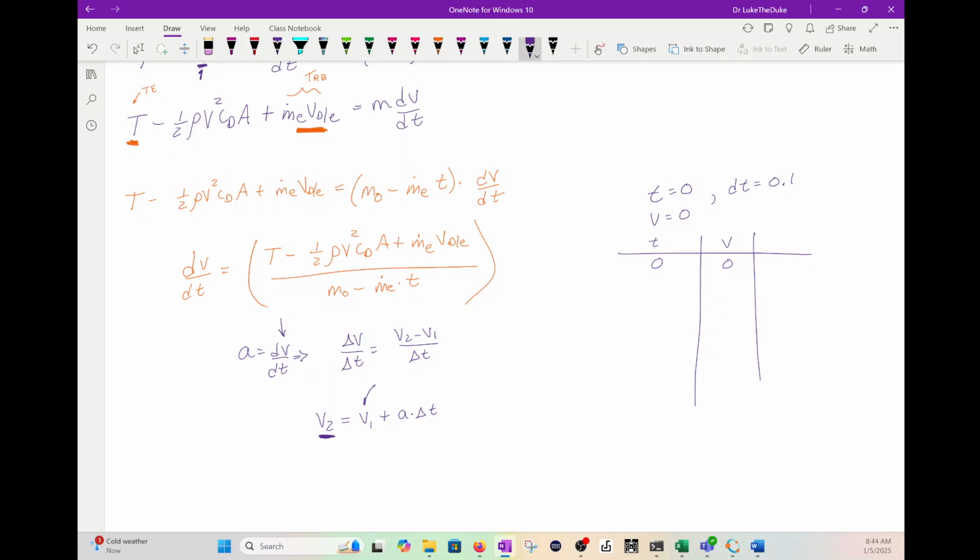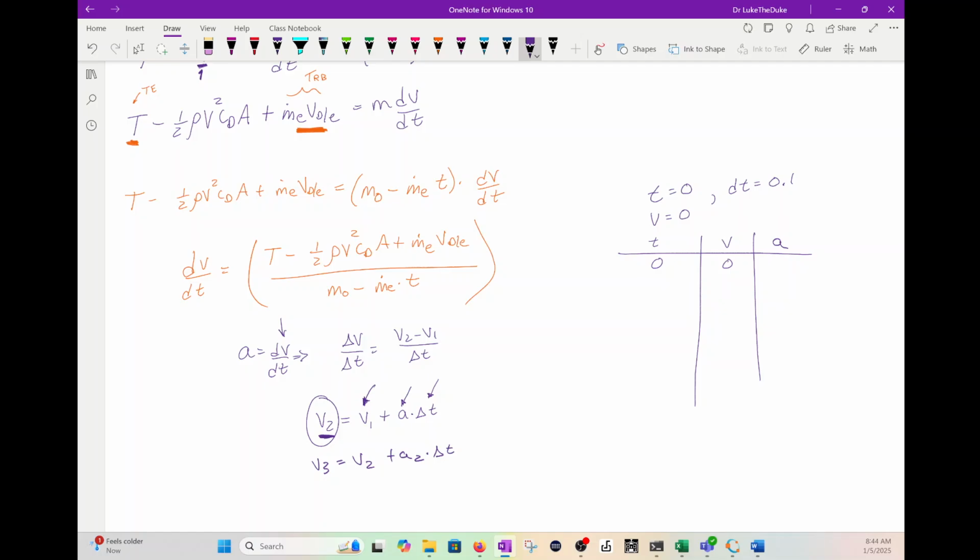If we know our previous velocity, we know a, which we can calculate initially, okay, and we multiply by our determined delta t. And then boom, okay, we can now find v2. We then plug that back in to find our next acceleration, right? Okay. And then find our next v3, which would be v2 plus a2 times delta t. And we just keep going forward and forward in time, okay?